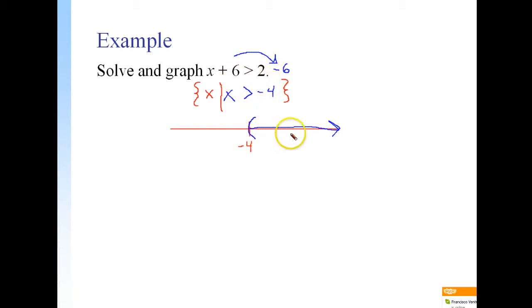And now we're going to put it in interval notation. Well, we're going to use a parenthesis. We pick up that number, -4, and it's going on to positive infinity. So there we solved it. We put it in set builder notation. We did the graph, and it's now in interval notation.